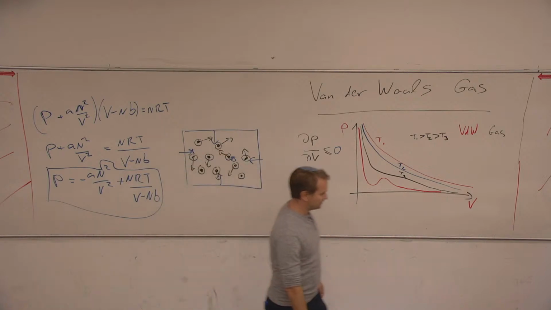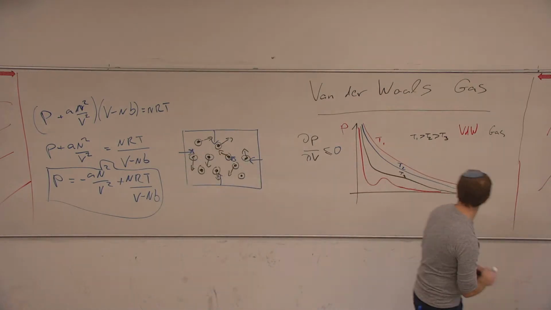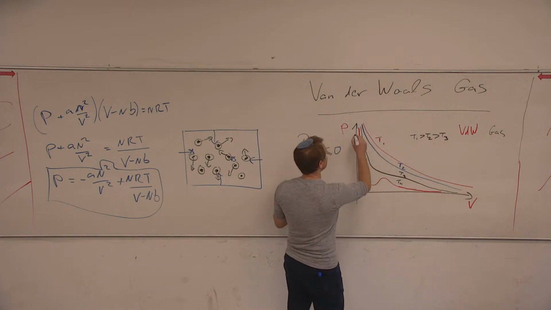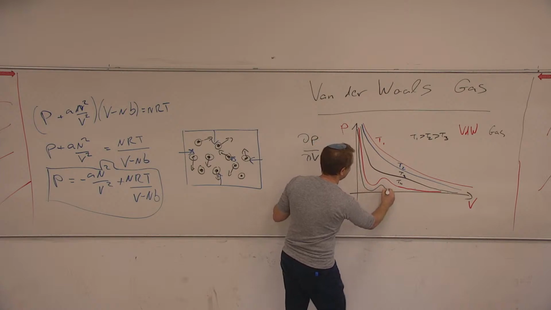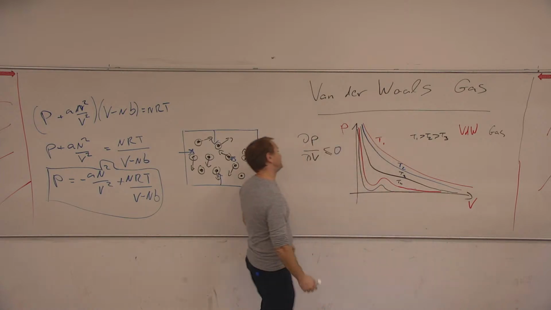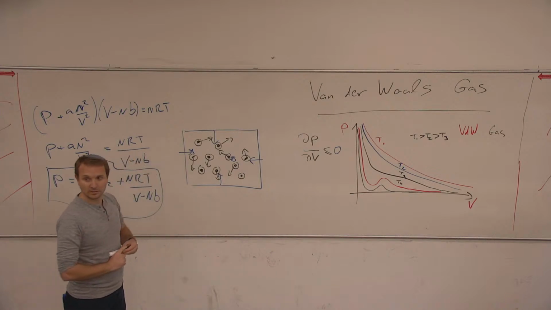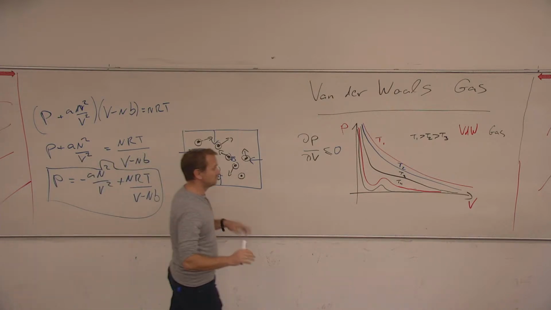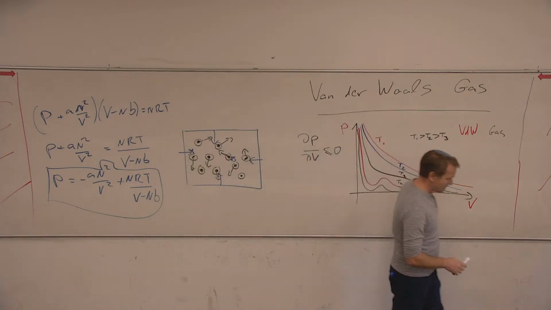This is T4. T3, T4, and if we decrease it a little bit more, this will repeat itself. It does not reach zero though.